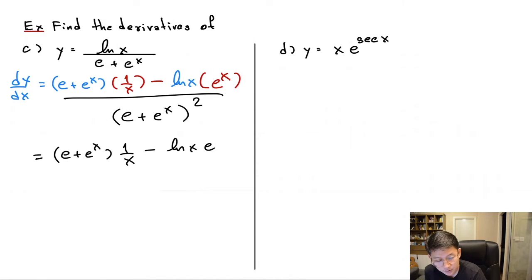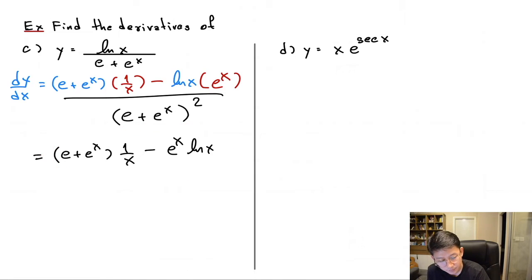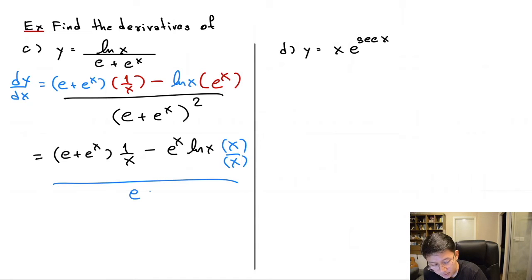Can I put e to the x first and log x? But guys, I want to make it prettier. I want to combine these two terms. So can I do this? I multiply the up and down by x, and then this is divided by e plus e to the x squared.